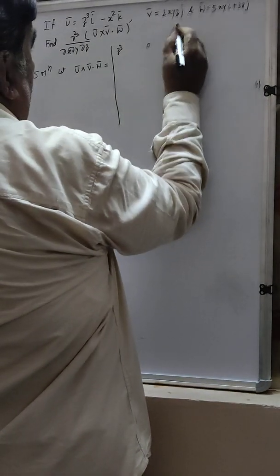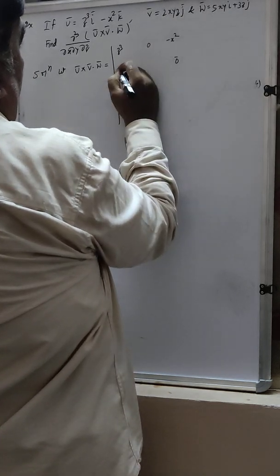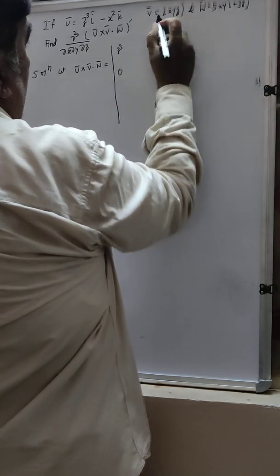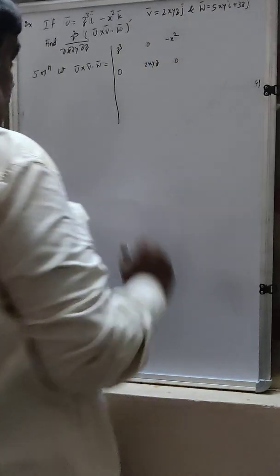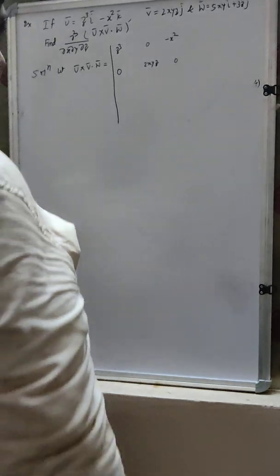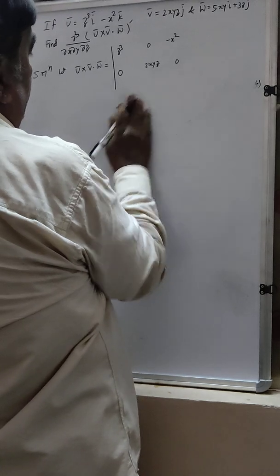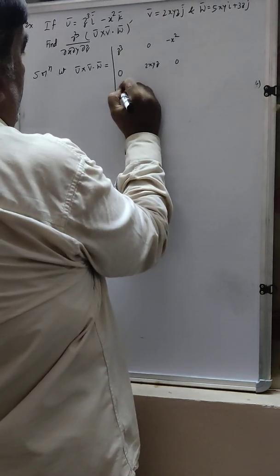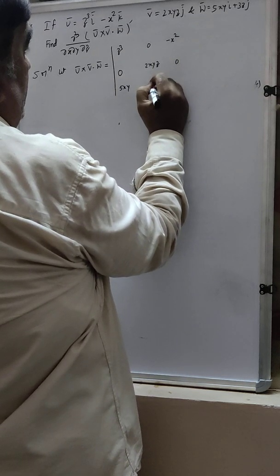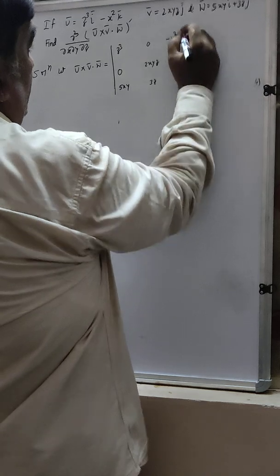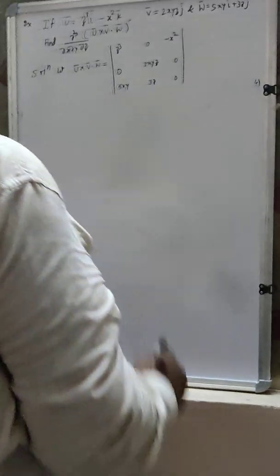In v vector, i and k are absent, therefore j is xyz, coefficient of j is xyz. Then 5xy, 3z, 0.